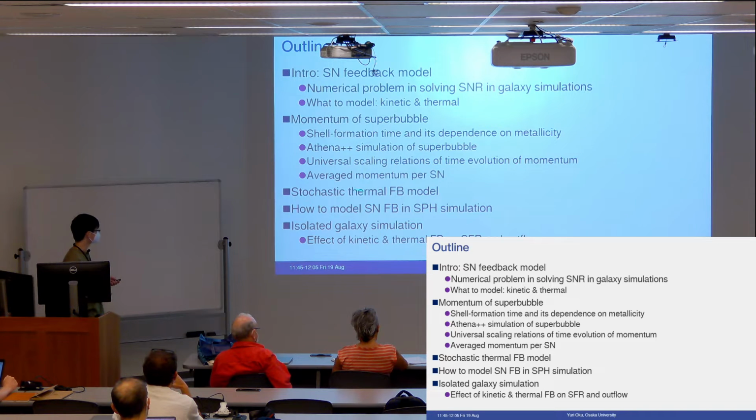I also talk about the thermal feedback model and how to implement it in SPH simulation. And finally, I'll show a test simulation using the isolated galaxy initial condition by the Agora project.